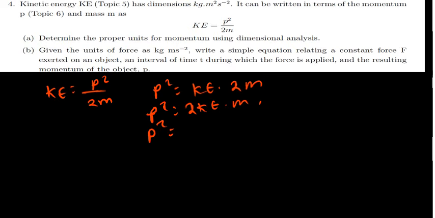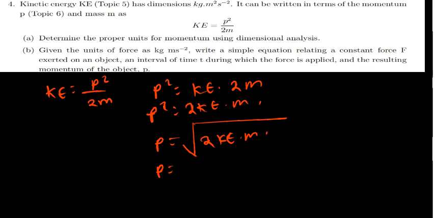So let's square root it. If we do that, guys, then p is going to be equal to the square root of 2 KE times m. This is the same as 2 KE times m to the power half.